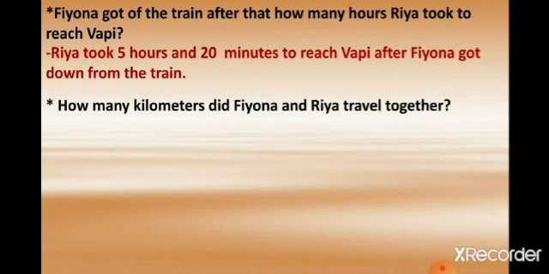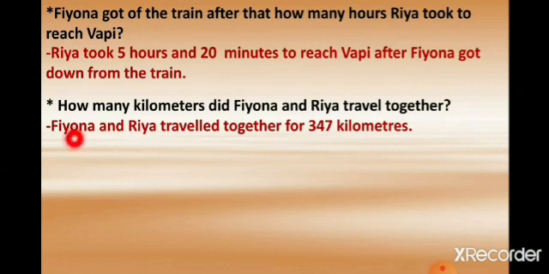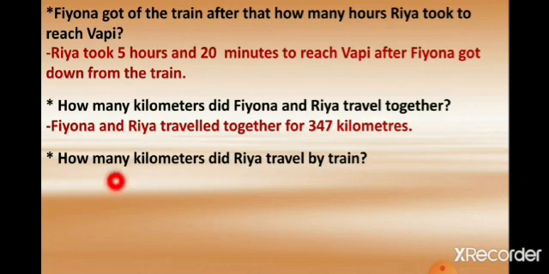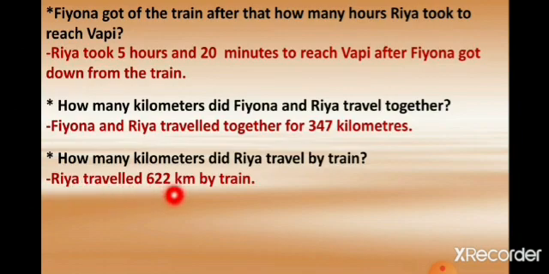So from Gandhidham to Nadiad, Ria and Fiona traveled together. So Fiona and Ria traveled together for 347 kilometers, and this is from Gandhidham to Nadiad. How many kilometers did Ria travel by train? So Ria traveled total 622 kilometers by train.